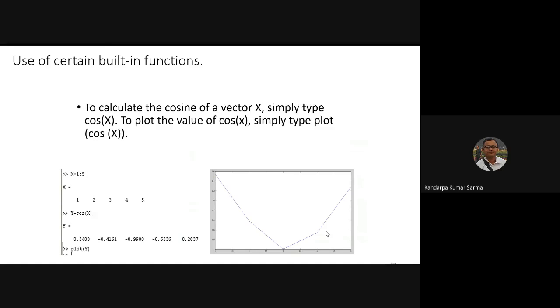So let's come to the neural network part. There, the main part of MATLAB is that you have a huge set of built-in functions. You therefore need not write separate functions. You need not write separate subroutines as we do in C and C++. These built-in functions save our time. These built-in functions make the programming or system design much less time taking.